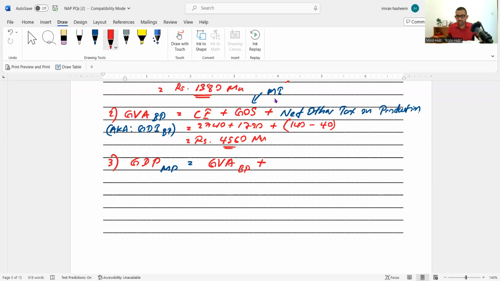We learn this from the output approach itself. Eight out of ten times, nine out of ten times, if you don't have things like trade margin, if you don't have things like transportation and all those things, we basically go from basic price directly to market price or purchaser price. So how do we do that? What is the simple adjustment we do?